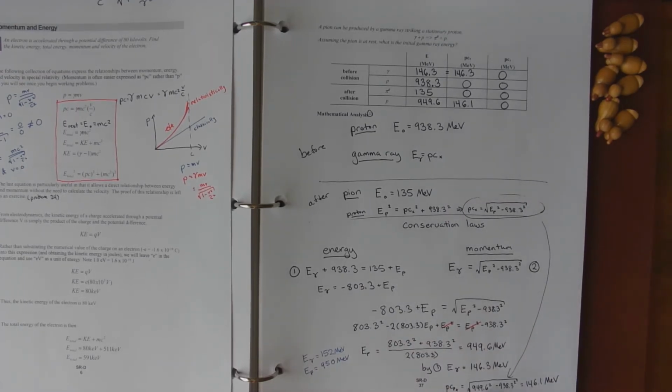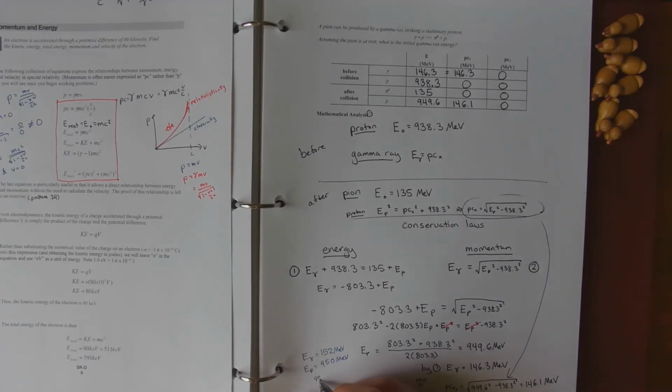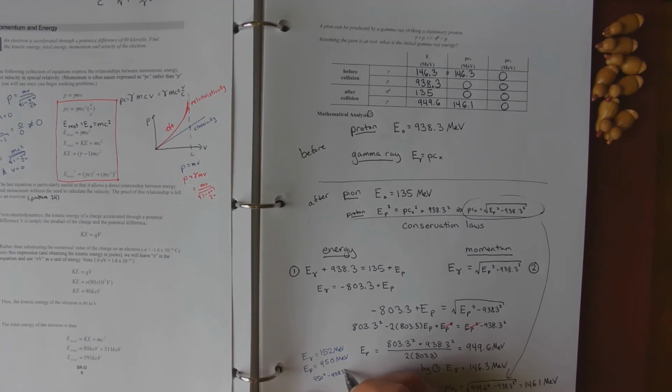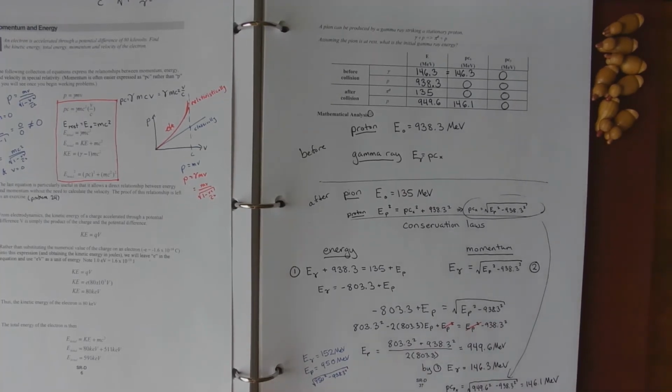So if I use the 950 in this equation here, or let's do this first. Okay, so that would be 950 squared minus 938.3 squared, and let's see what that gives us.